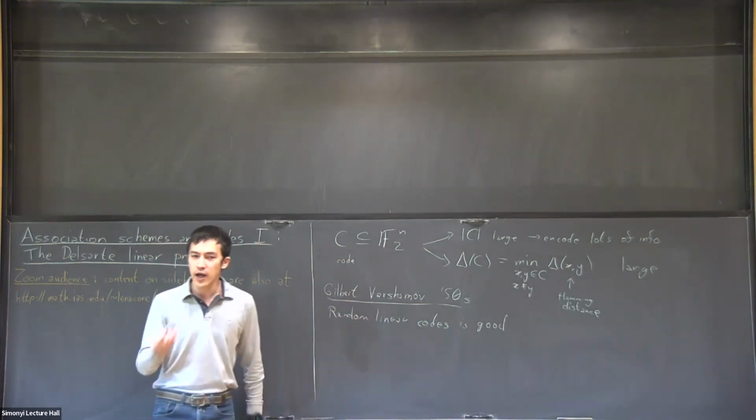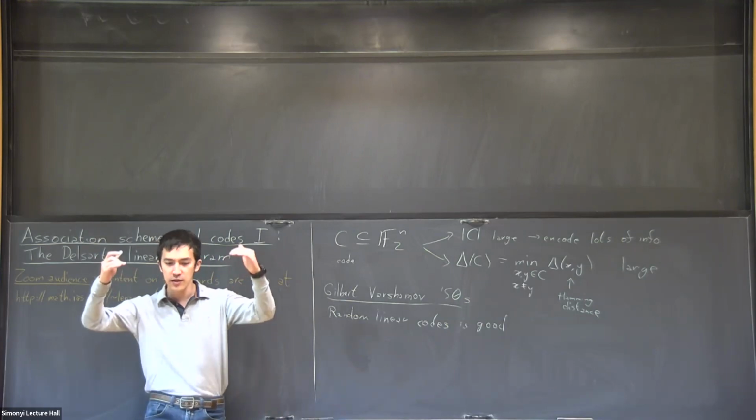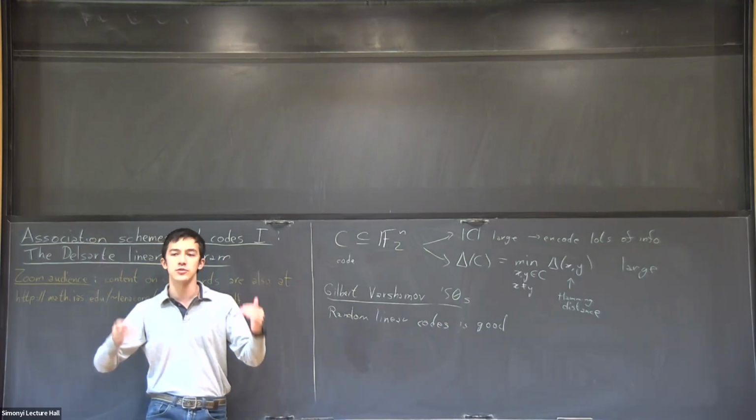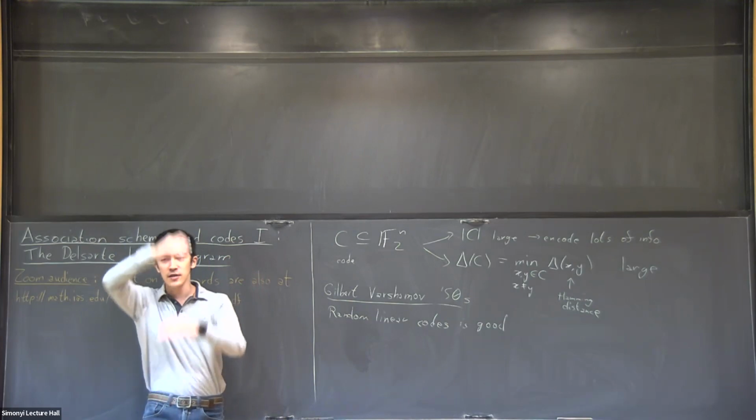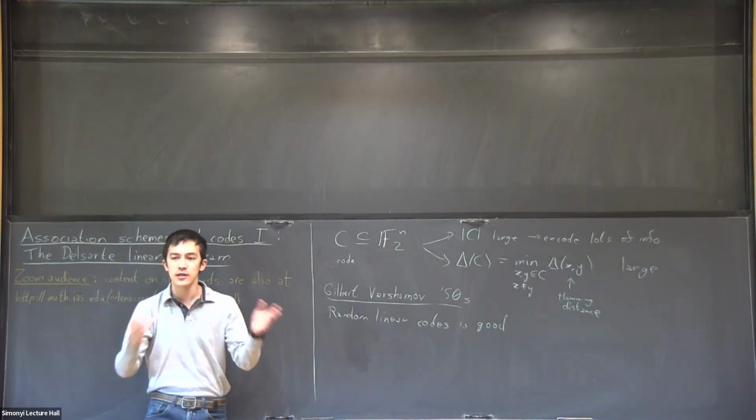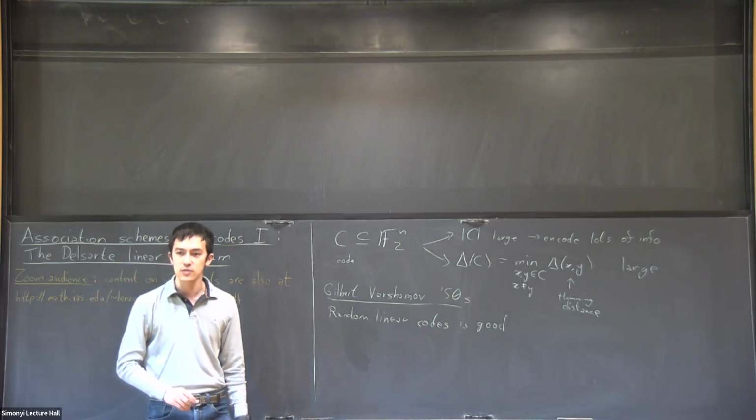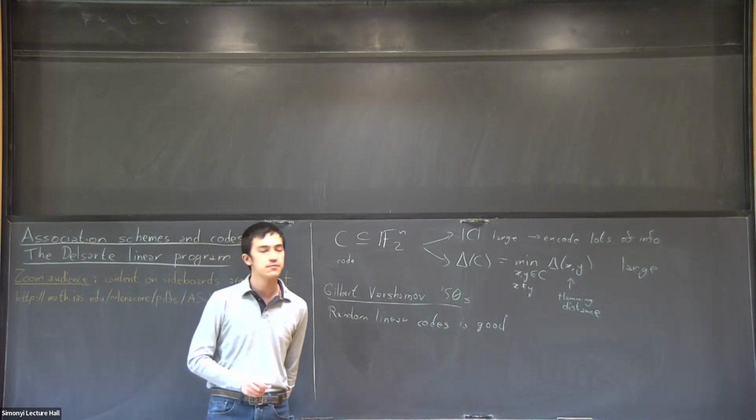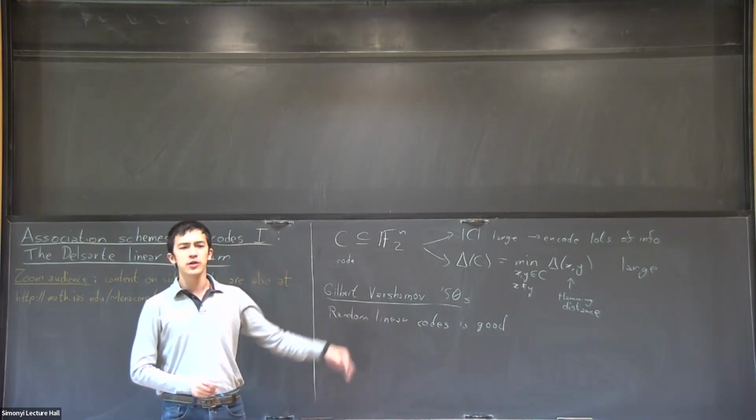Varshamov said that if you want a linear code, you can pick a generating matrix for this linear code uniformly at random. If you set the number of rows appropriately, you get a good trade-off between distance and the size of the code, the rank of the matrix. But it's not too important here.